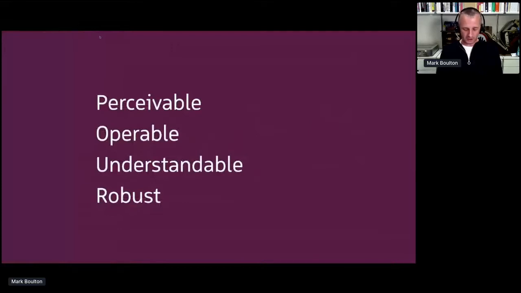Now those are four principles which I think I'd apply to my typography generally, even if we're not thinking about it through the lens of accessibility. The results of good typography should be perceivable. They should be operable on the platforms that you're using. The results should be understandable, and they should be robust in many ways.